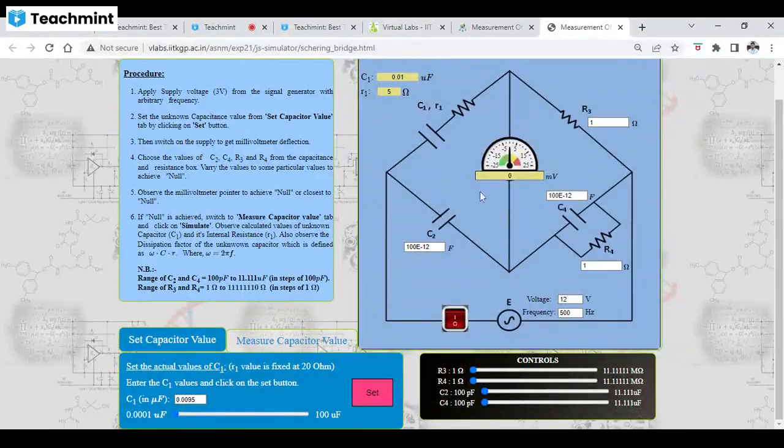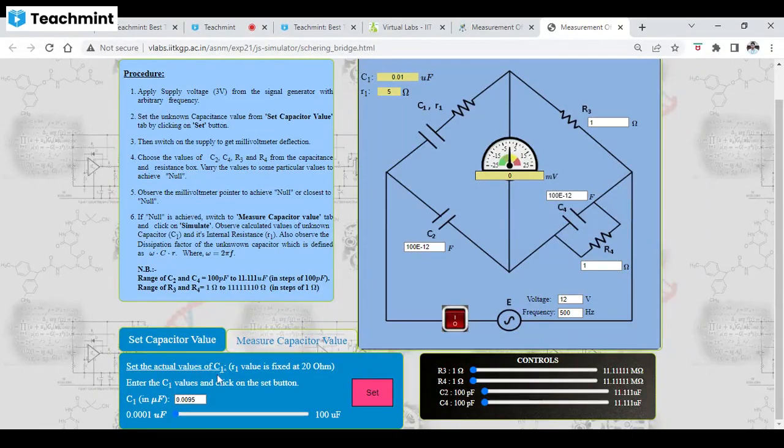So we can set any of the values, and we can change the value from this box also, and change the values of this circuit also.